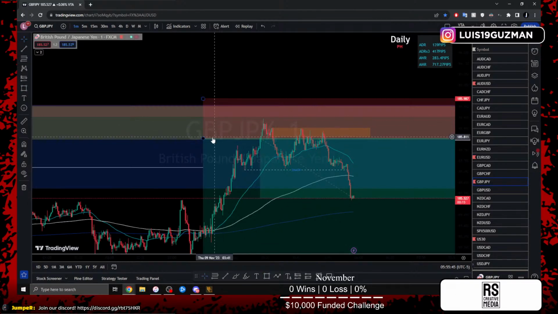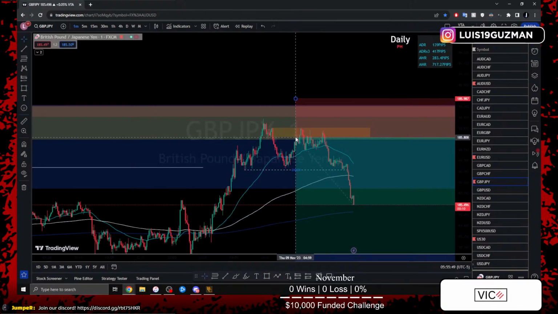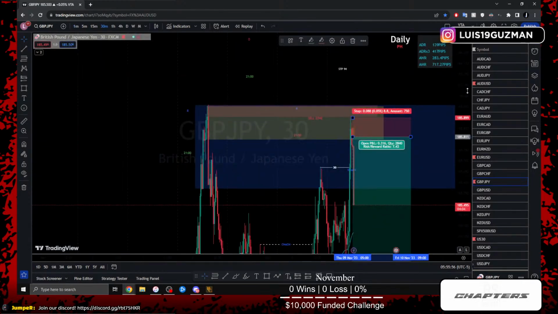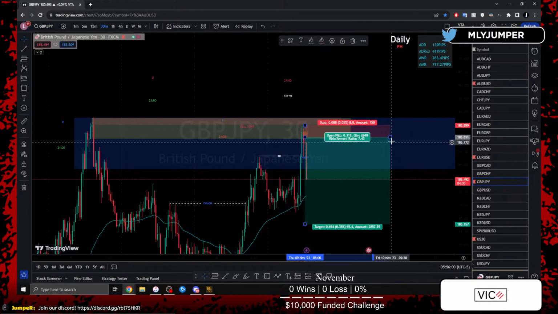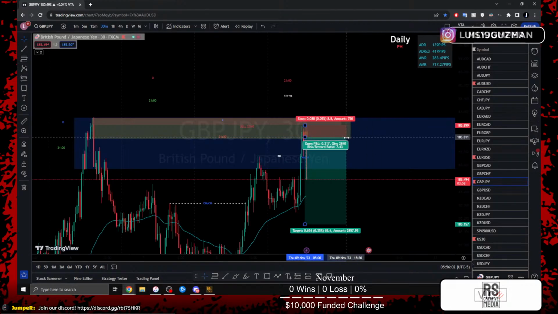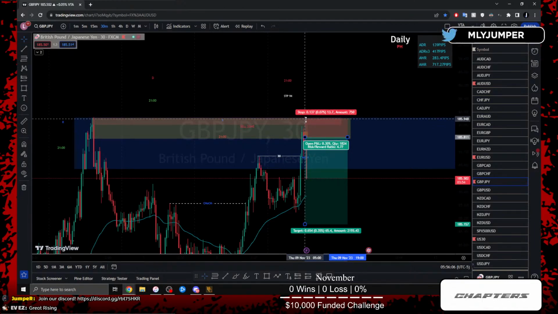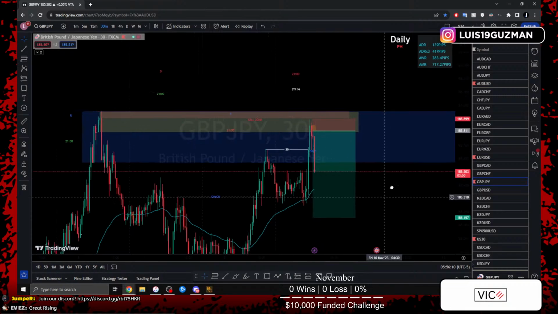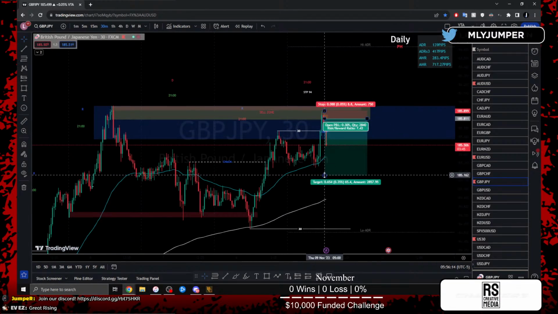Right? So technically speaking, we could have definitely just taken this here. We could have taken this here. And now what are we looking at? When we compress our charts and we start looking at the internal structure, we went from having to risk 16 pips to half, to only 8 pips. Easy here.